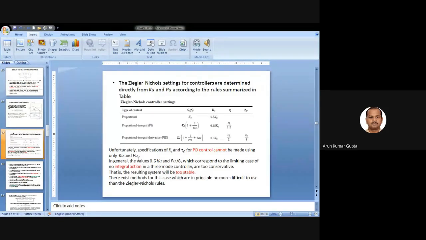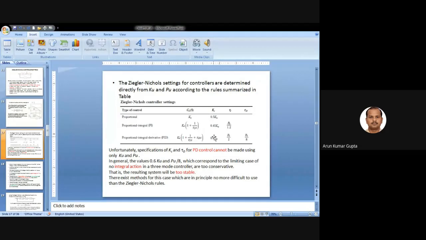Unfortunately, the specification for Kc and tau d for a PD controller cannot be made. So you will not find PD here, because PD is mostly found by the trial and error method. Here you can see in general the value of 0.6 Ku for PID and Pu by 8, which corresponds to the limiting case of no integral action.